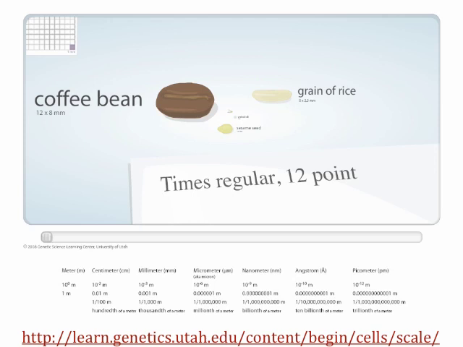In the upper left-hand corner is a length scale, and you can see the bar at the bottom of the image moving across the different size scales, and you can see how big they are. The film ends with looking at the carbon atom that we know is the key atom in building biological molecules.